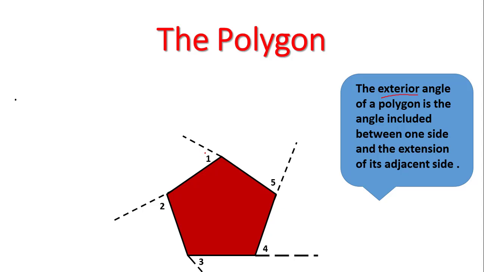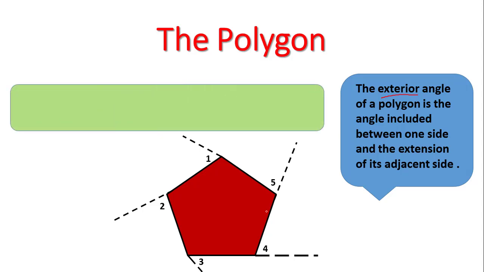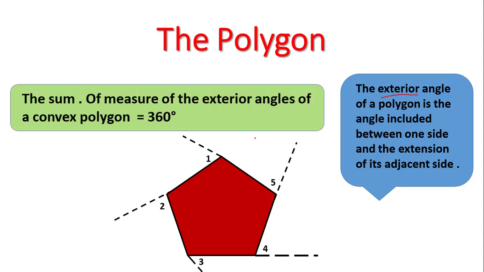Okay, I'll draw only one exterior angle from each extended side, and we notice that the summation of measure of exterior angles of a convex polygon, we said we will study only convex polygons, so the summation of measure of all the exterior angles of the convex polygon is 360 degrees.